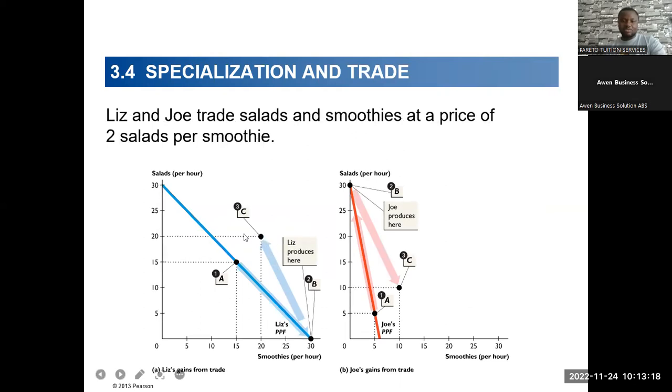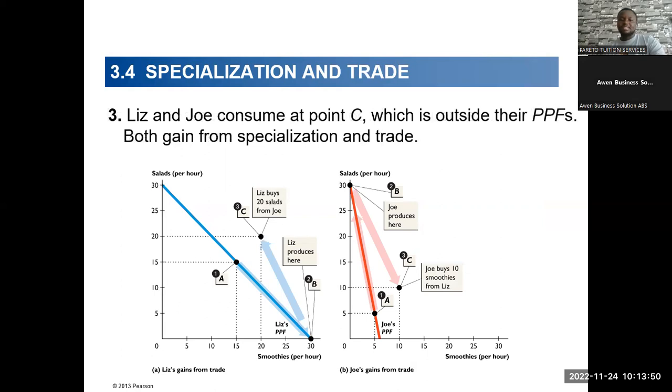Liz is now getting 20-20. And then Joe is getting 10-10. You see that they've even moved outside their PPF. Are we together? You see that they've moved outside their possibilities, which means that initially they were limited to this line. But because of the specialization and trade, they've been able to even move outside their possibilities. So that is the advantage that we get from specialization and then trade. We are able to enjoy more than what we can actually afford.